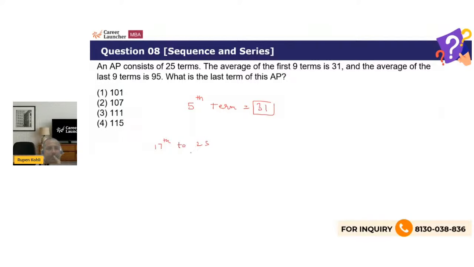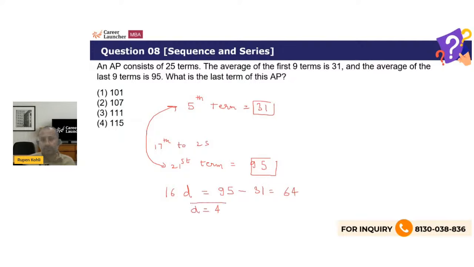So the 21st term, the middle term in the last 9 terms, is 95. So the 5th and 21st terms are separated by 16 times the common difference. 16 times the common difference d is the difference of the terms, which is 95 minus 31, which is 64. So your common difference is 4.